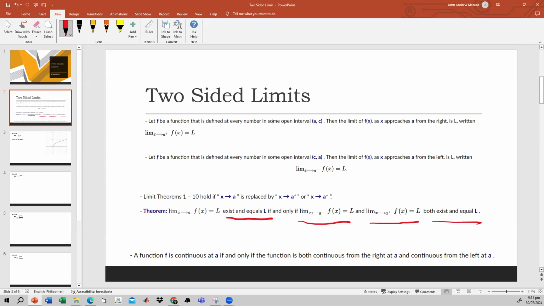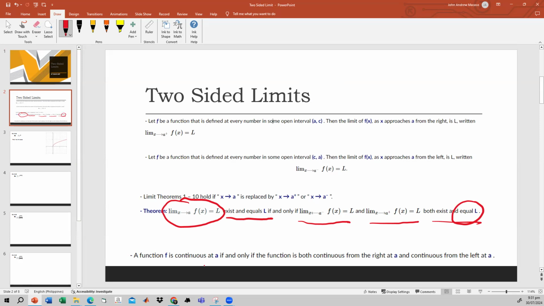Both exist and equal L. So this will only happen if the limit from the left of a exists and the limit from the right of a exists, and they must be equal to L.